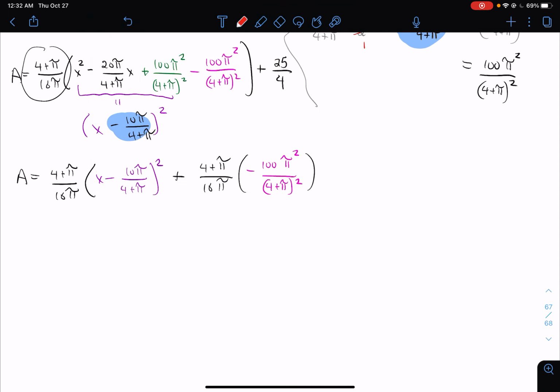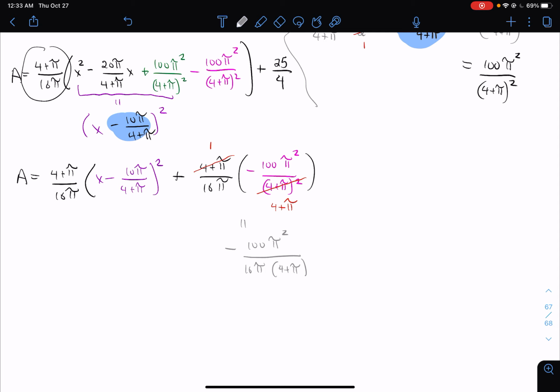Like I notice this 4 plus pi, I can cancel with one of the 4 plus pi's on the bottom, and that'll leave me with the 1 up here, and a 4 plus pi down there. So that leaves me with, if I multiply, this is a positive, that's going to multiply the negative. That'll give me negative 100 pi squared over, on the bottom, I still got 16 pi times 4 plus pi.